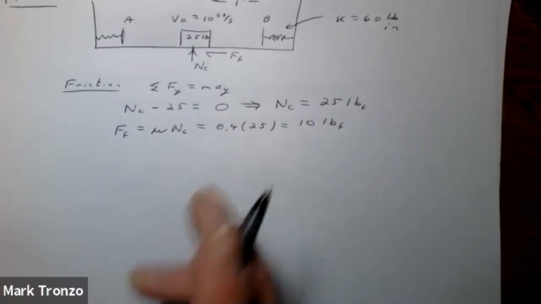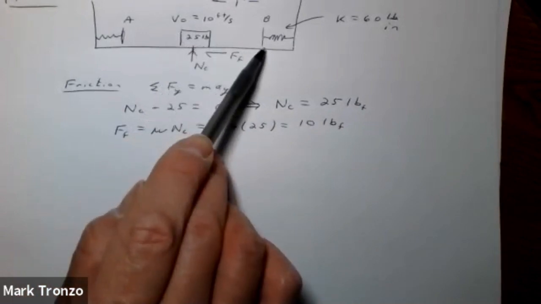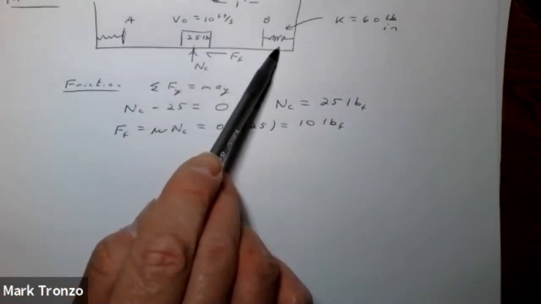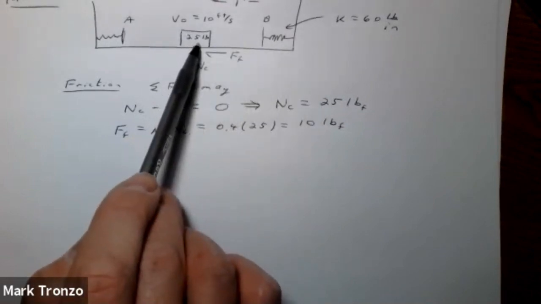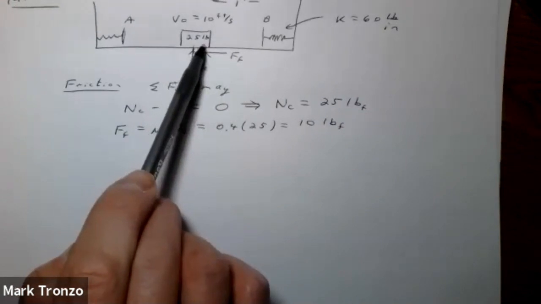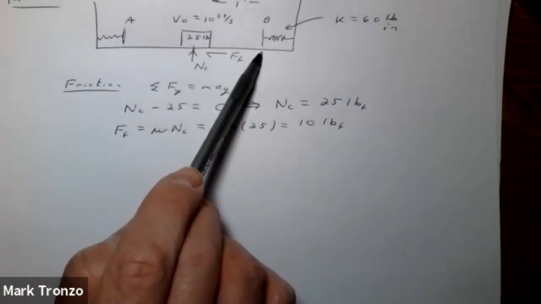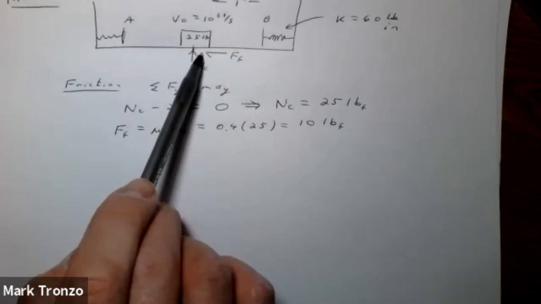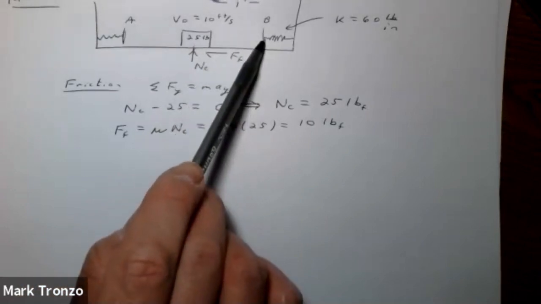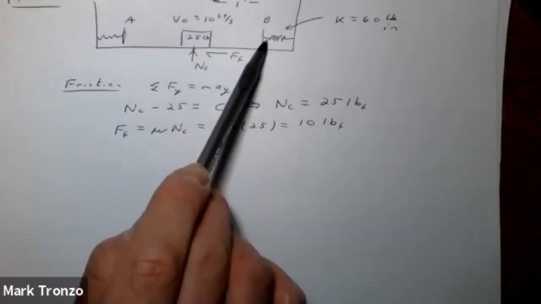So now again, this block is moving to the right, and it's going to hit the spring and it's going to compress the spring. So we almost have to do this in several parts because, again, from here to where it hits the spring, there's just going to be friction on it. But then once it compresses the spring, there's going to be spring force.